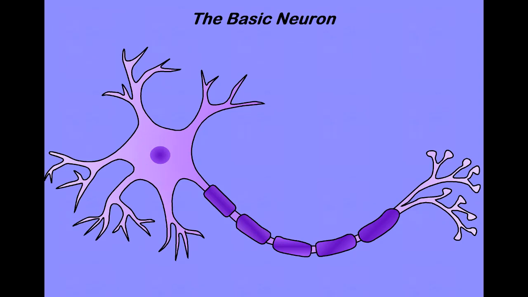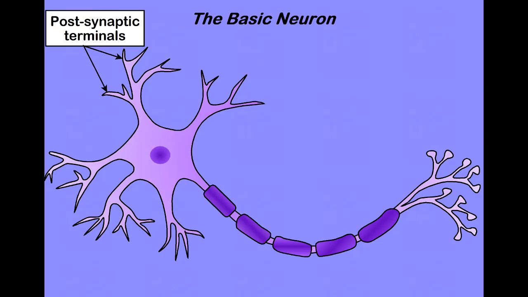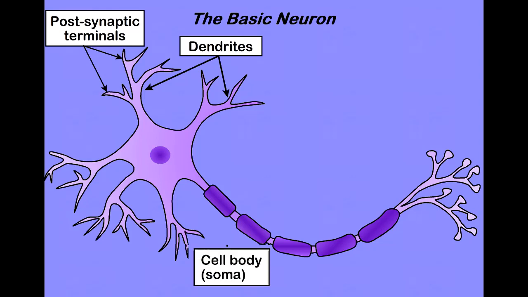So as a sort of point of review, let's look at this through a sort of basic neuron picture that you find pretty commonly now. Postsynaptic terminals are receptor sites on those dendrites. The dendrites themselves are the protrusions from the cell body that have usually multiple arborizations.